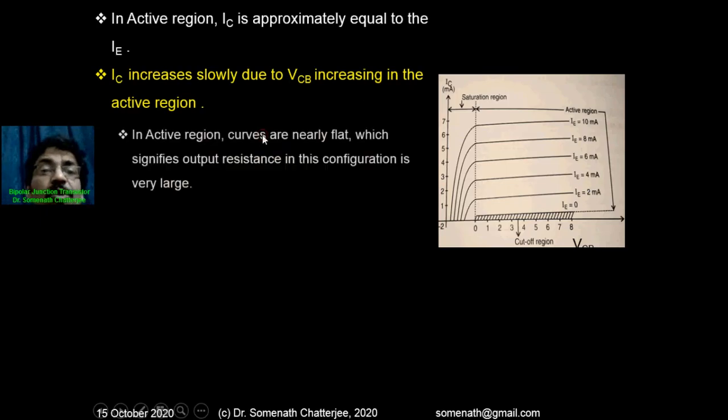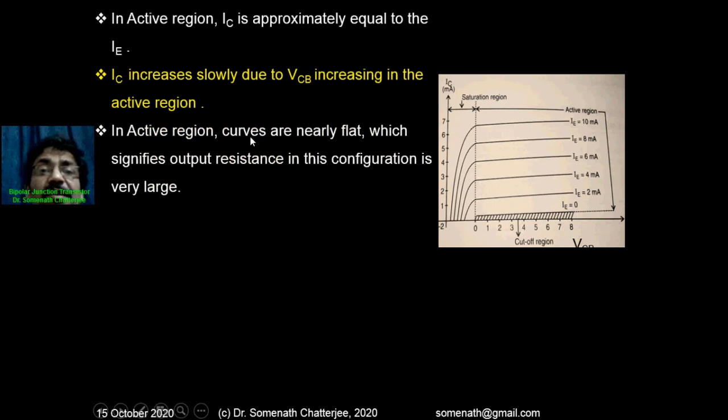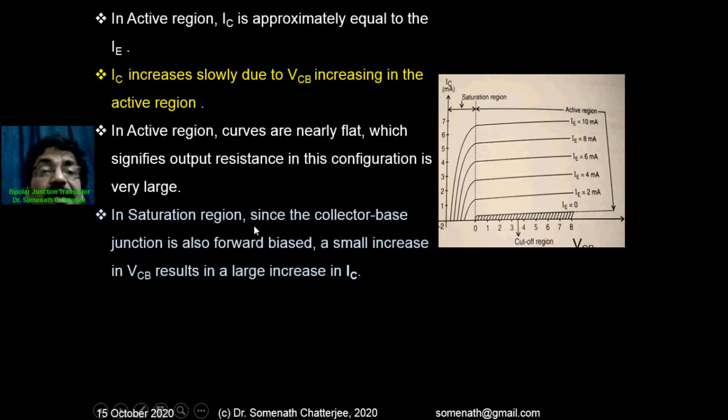In the active region it is nearly flat, as I discussed, which signifies the output resistance in this configuration is very large, right? In the saturation region, I told you that it is linearly increasing.